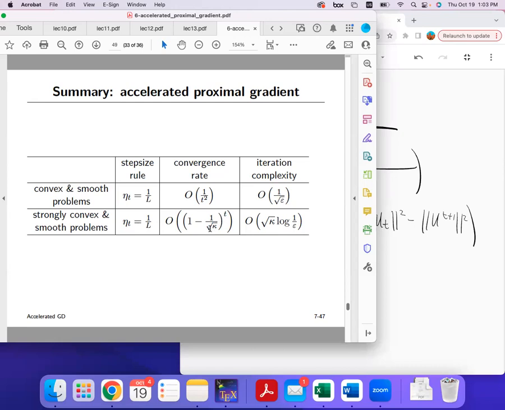Because of this dependence on square root of kappa, the iteration complexity is square root of kappa times log of 1 over epsilon. This is much smaller compared with the iteration complexity of proximal gradient descent, which is kappa times log 1 over epsilon. So it's kappa versus square root of kappa.